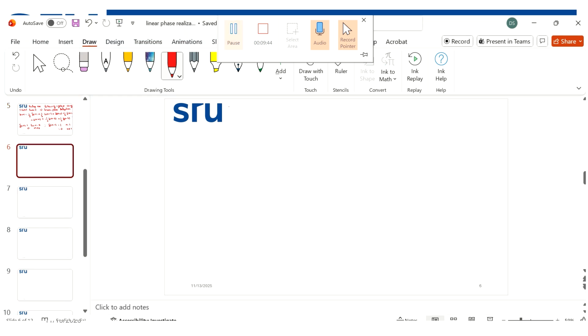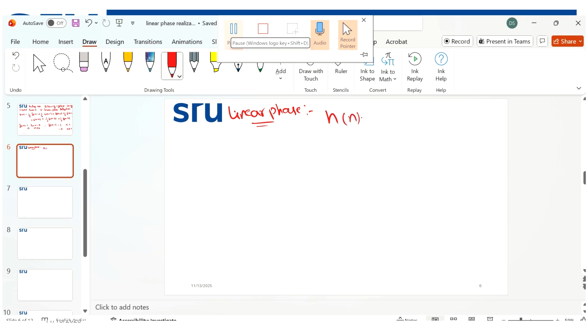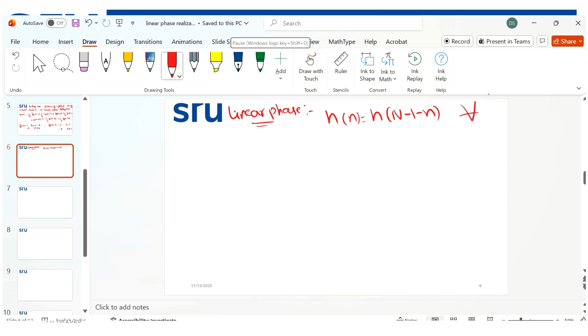Now using the linear phase realization, we know the condition for a linear phase filter is h of n is equal to h of N minus 1 minus n for all n values.